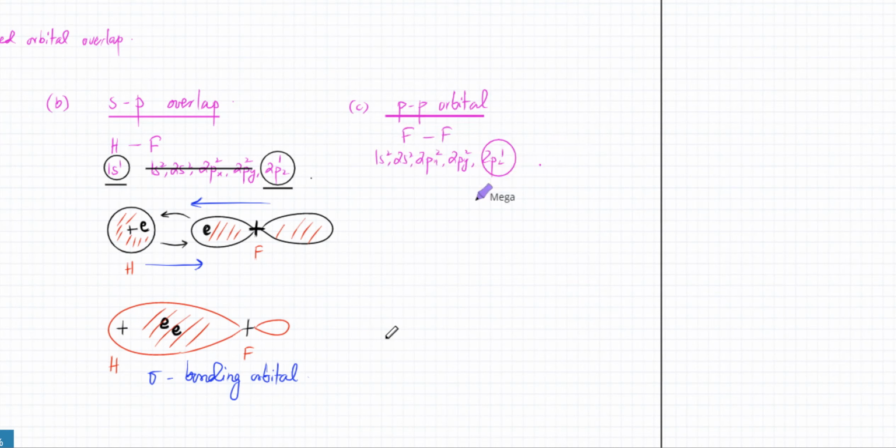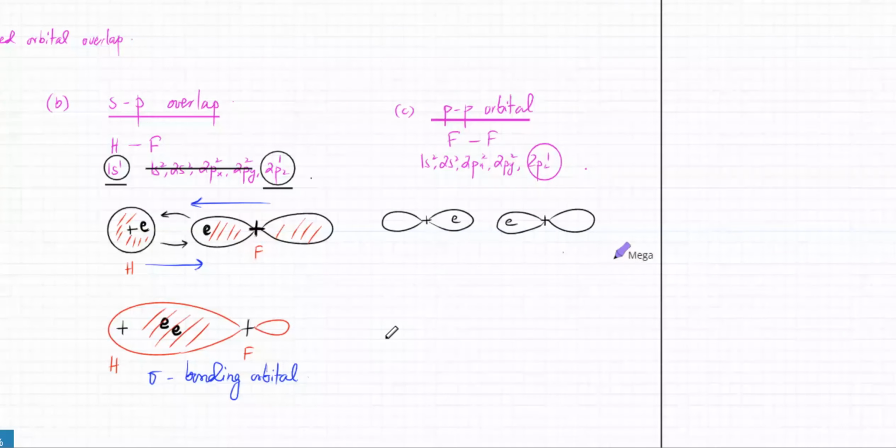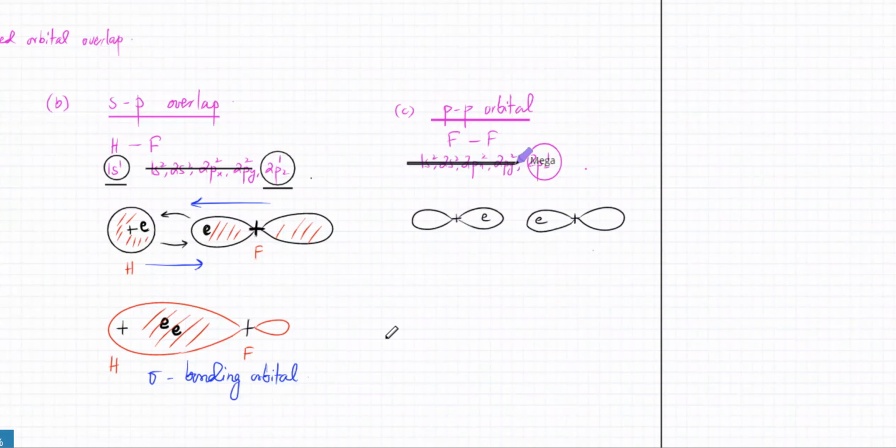So in this case, there's going to be one fluorine atom with a p orbital with one electron in it, and another fluorine atom exactly the same. All the other orbitals are already full, so both fluorine atoms just need a p orbital to be filled up.